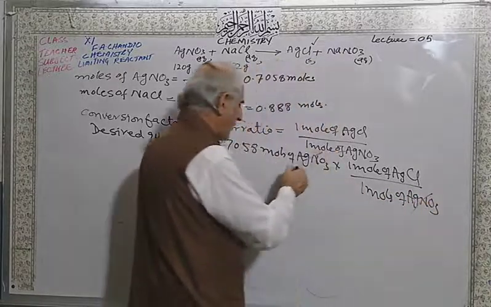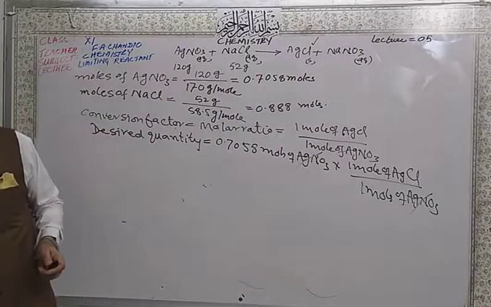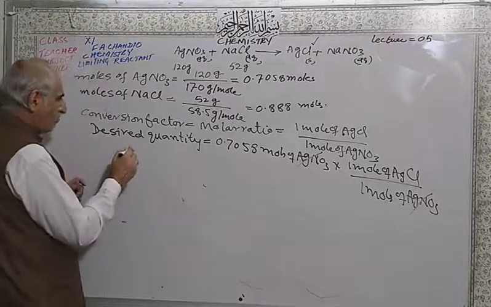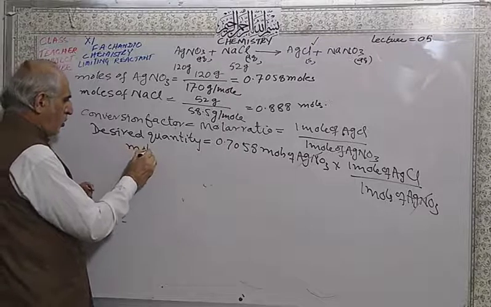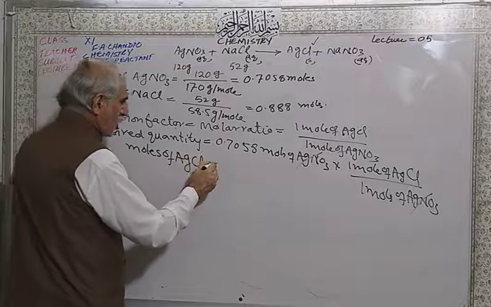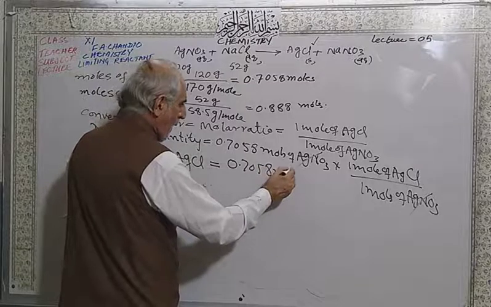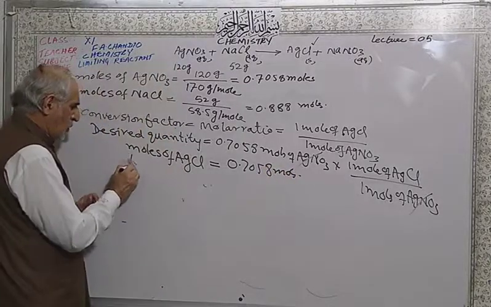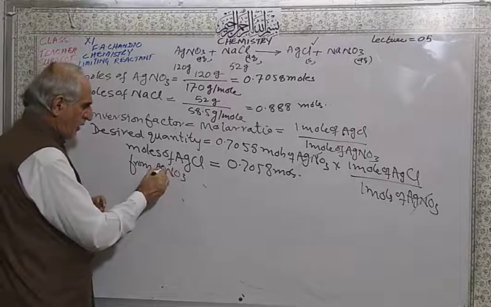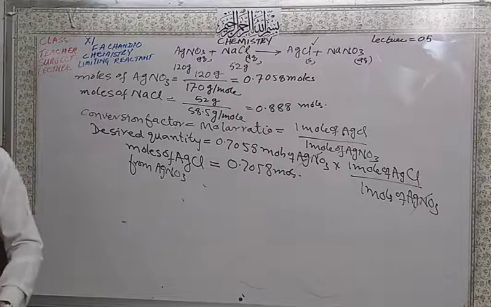So silver nitrate cancelled, and you will get moles of silver chloride 0.7058. But these are from silver nitrate. These moles you have calculated from the silver nitrate.